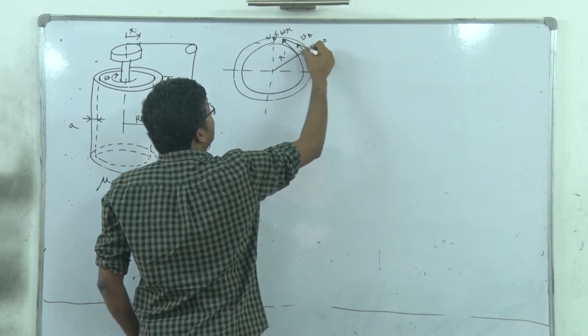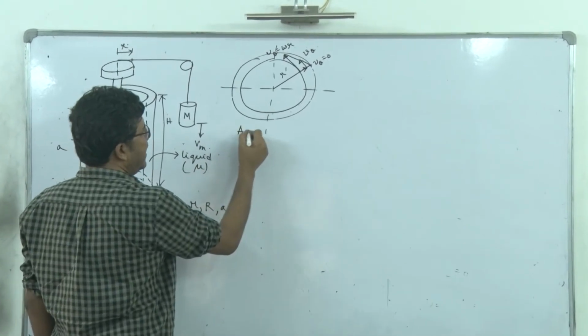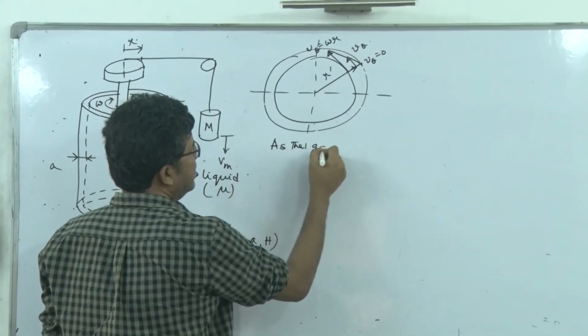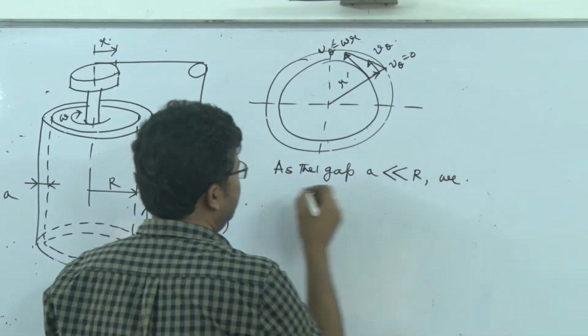So again we can assume a linear velocity profile, as the gap a is much smaller than r.